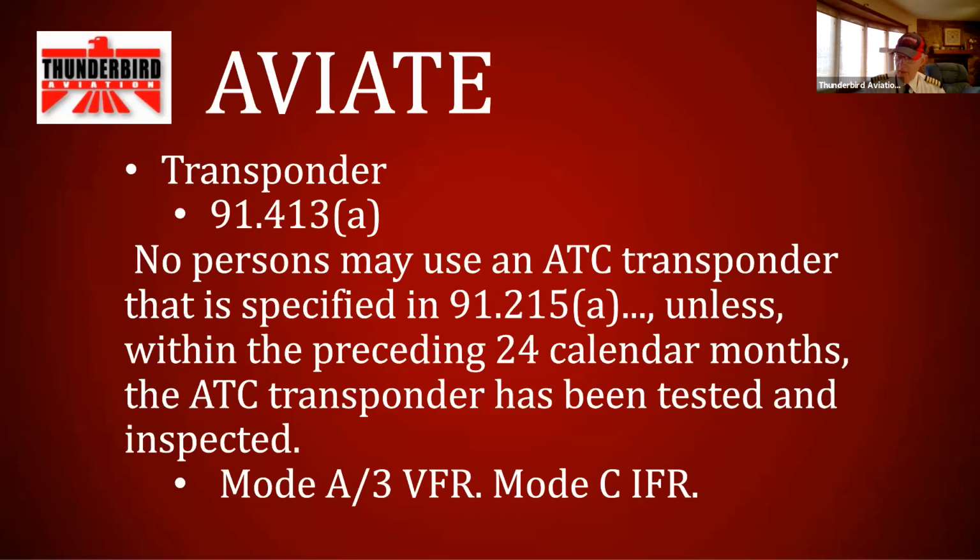But I learned many years ago that the digital signal sends the altitude out based on 29.92, the standard altimeter setting. Then when it hits the ground, if you're below 18,000 feet, it's going to do the math, put the local altimeter setting into the system, and display your MSL altitude on the screen.